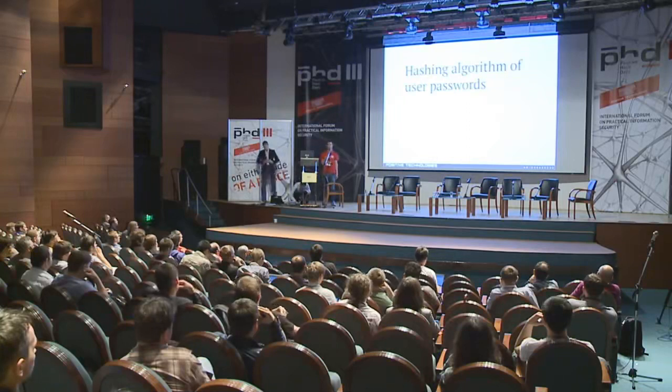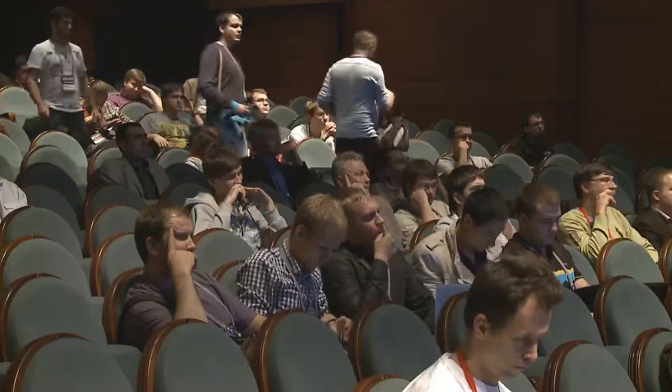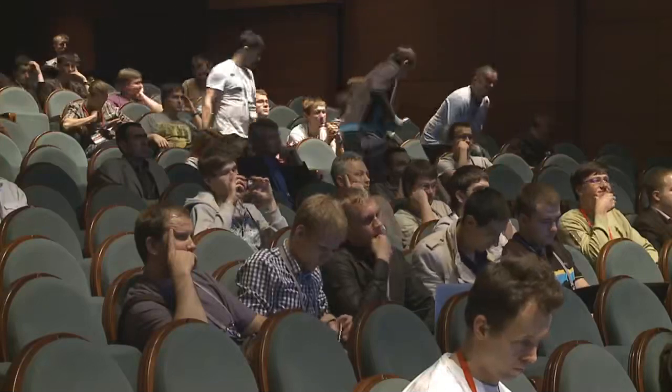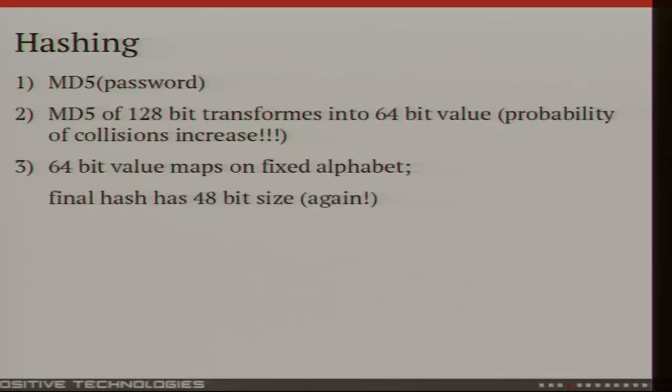Hello, I'm going to tell you about algorithms of password hashing. First of all, it is MD5 of the password, then the resulting 128-bit hash is reduced down to a 64-bit value. Here you see the increase in the probability of collisions. After this, the 64-bit value is mapped to a fixed alphabet, and the final hash has only 48-bit size.